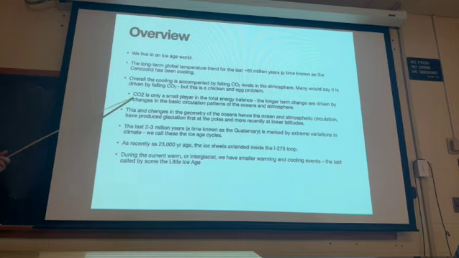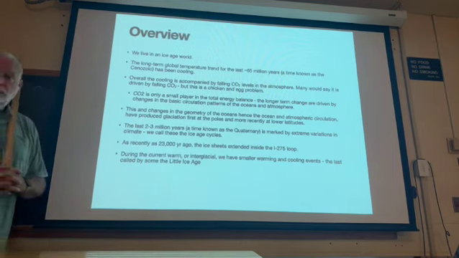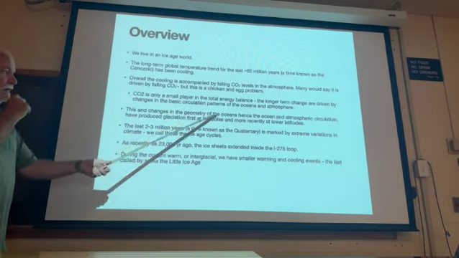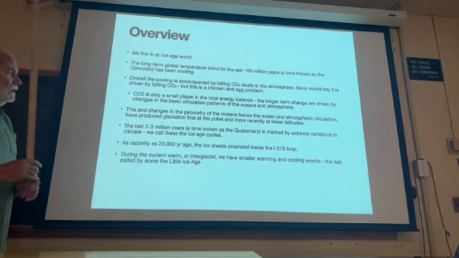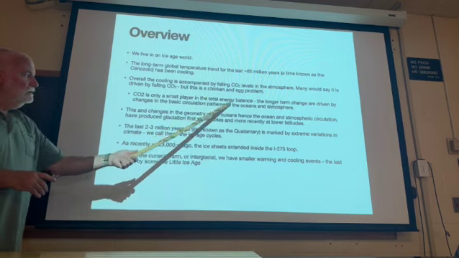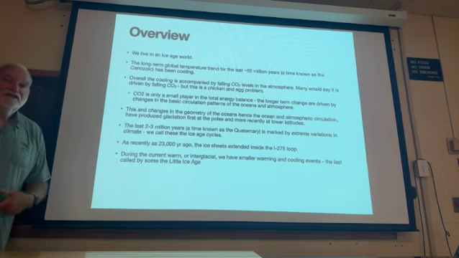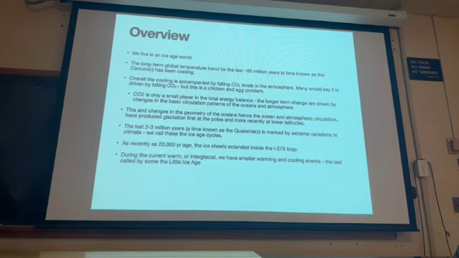I want to emphasize that CO2 over this long period is changing, but it's really a minor player. There are some other things going on, like moving the continents around, that have a bigger effect than the CO2, but nevertheless. In particular, we changed the basic circulation patterns.